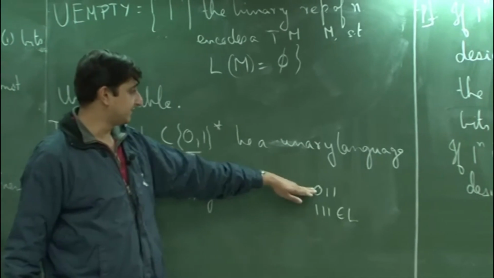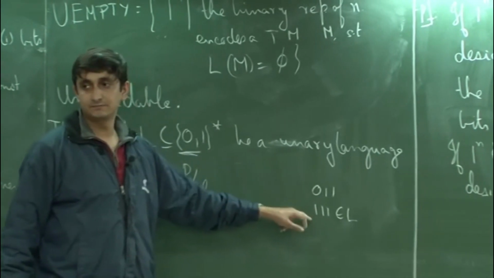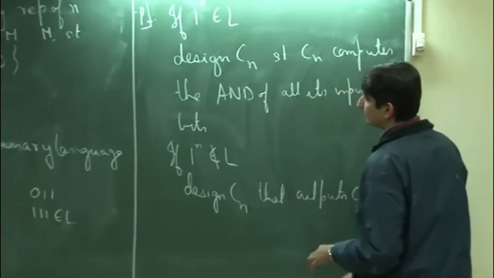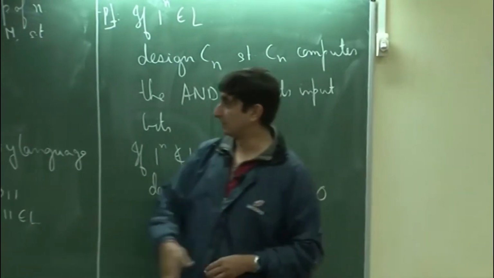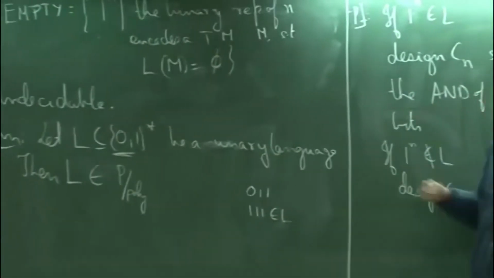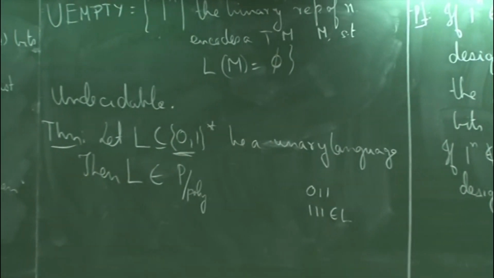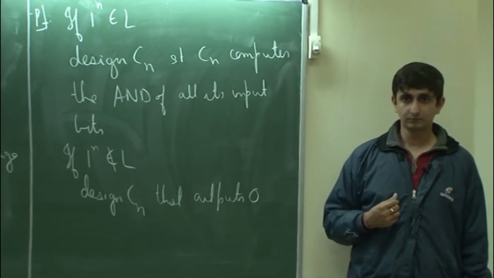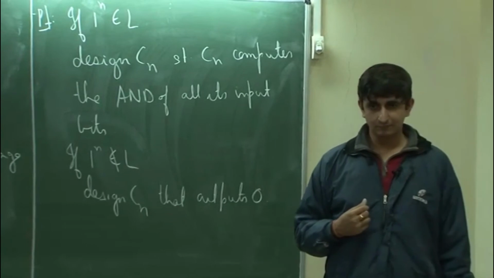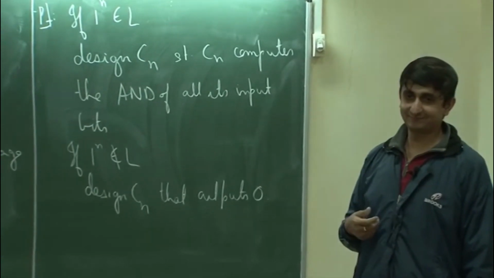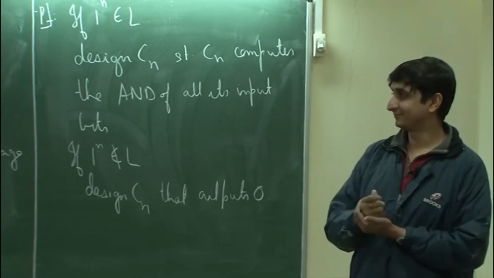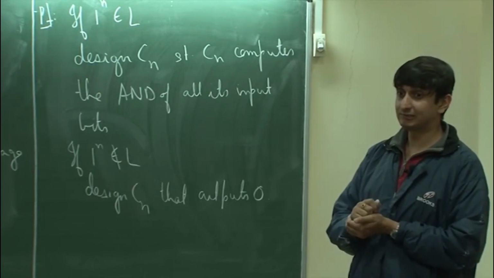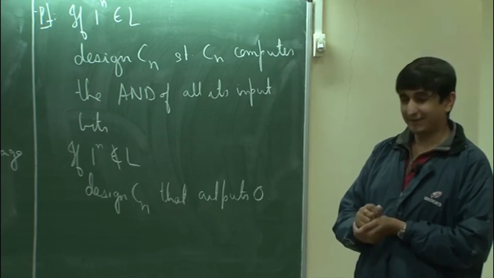I do not want to accept this, but I want to accept this. Because it is a unary language, it is sufficient to take the AND of all the input bits.